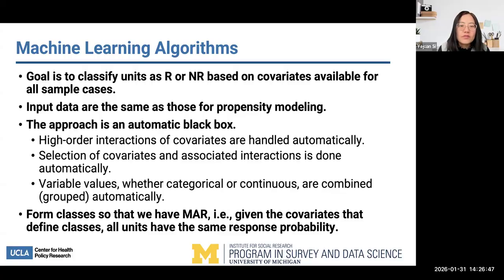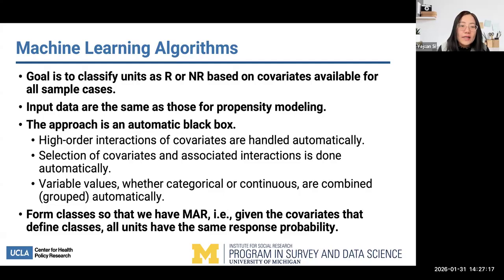They offer lots of flexibility in terms of automatic selection of high-order interaction terms, the automatic selection of covariates and their associated interactions, and the values, whether they are categorical or continuous, are combined automatically too.